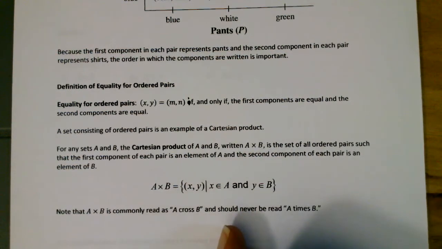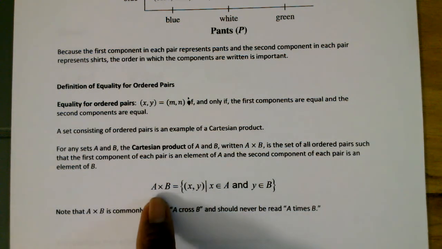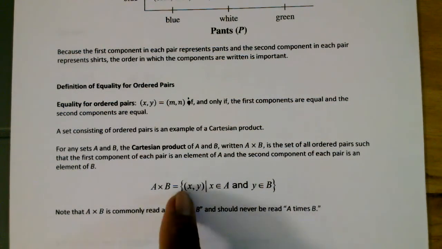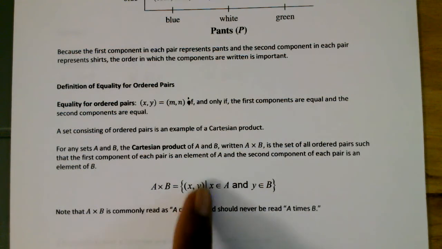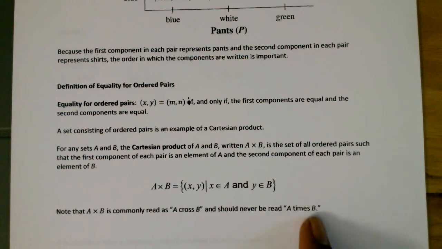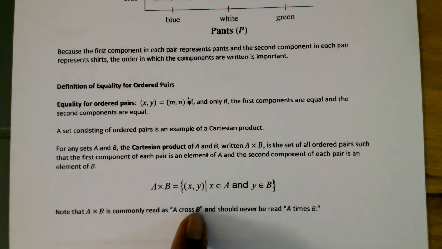And that is the set of all ordered pairs such that the first component of each ordered pair is an element of A, and the second component of each pair is an element of B. So in set building notation, and this is actually A cross B, or the Cartesian product of A and B, that's going to be the set of all ordered pairs x and y, such that x is an element in A and y is an element in B. And of course, we read that as A cross B and not A times B, because times is when you're taking the product of two numbers. A cross B is when you're dealing with the ordered pairs.